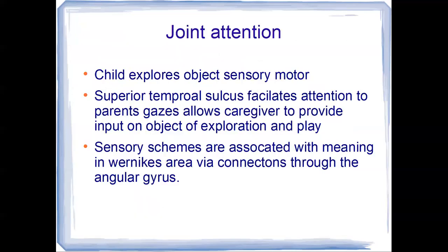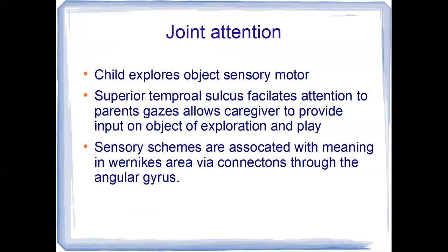But basically, a child will explore his world, he'll stim on something, and a parent will say, "Oh, you like that?" They'll direct their gaze towards the same object as the child, and there's a mutual exchange, or vice versa.